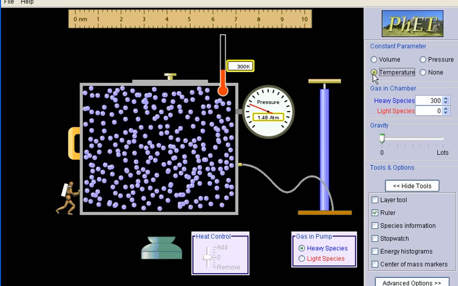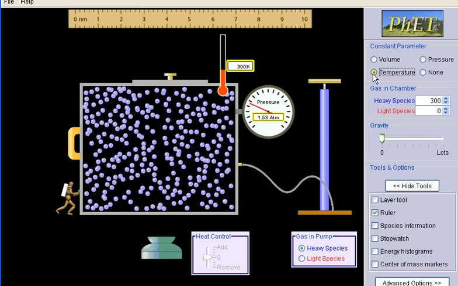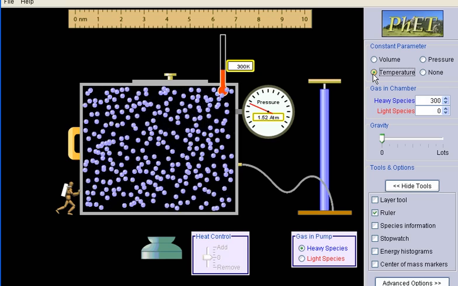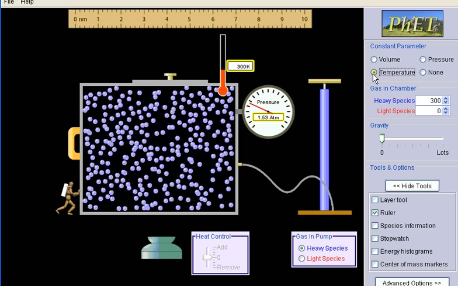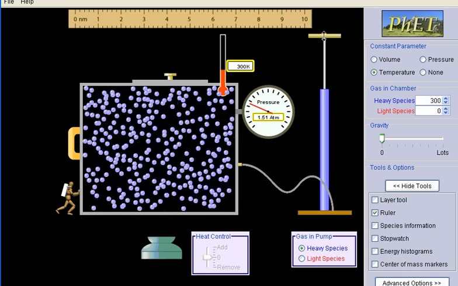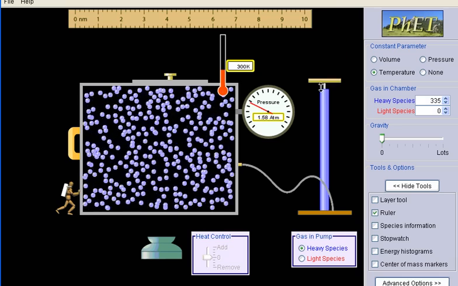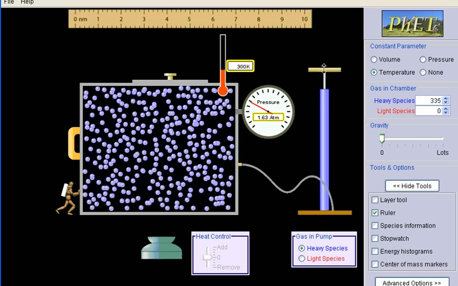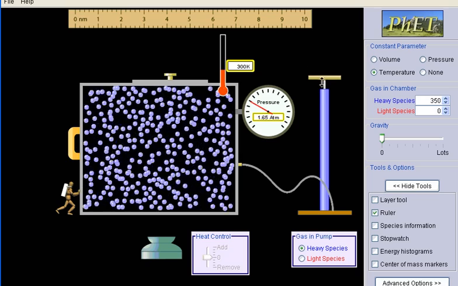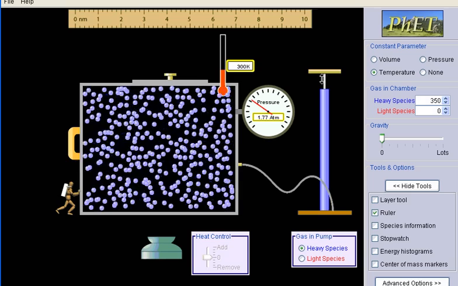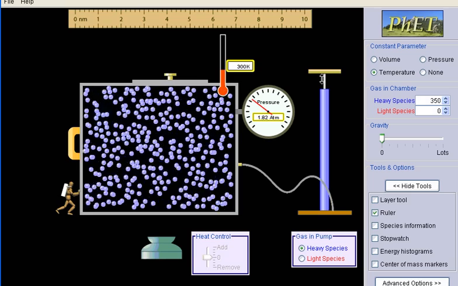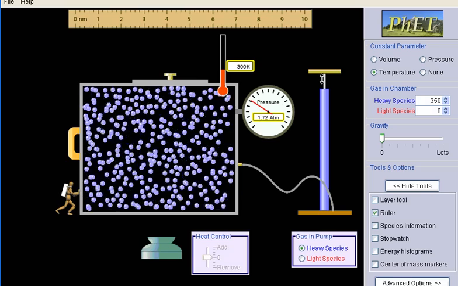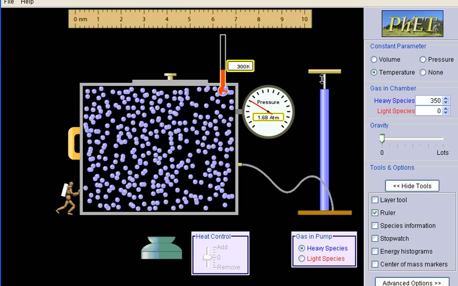Now, I'm going to increase the number of moles, or the number of particles, let's say to 350. So you're going to go 300, 350, and then remember, you want to make sure that your temperature stays constant, and once your temperature goes back to 300 Kelvin, then you can take your pressure measurement.